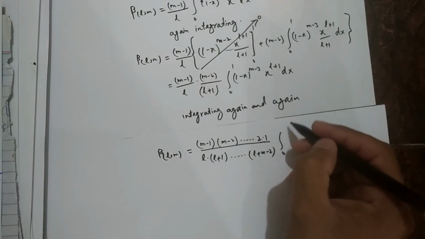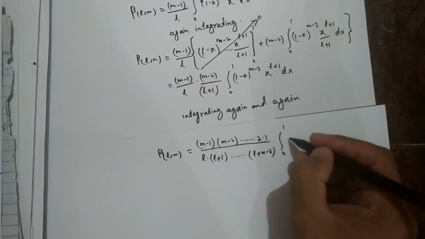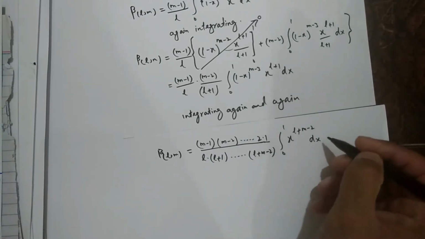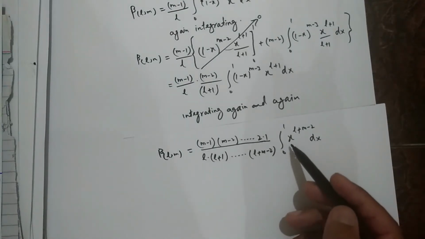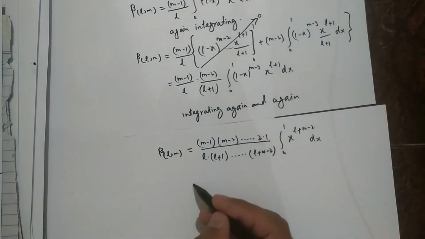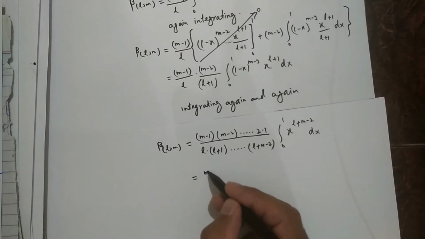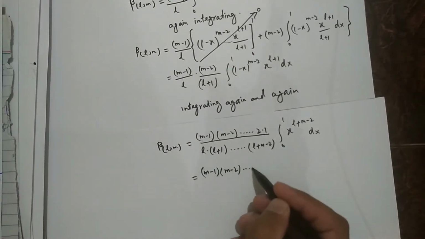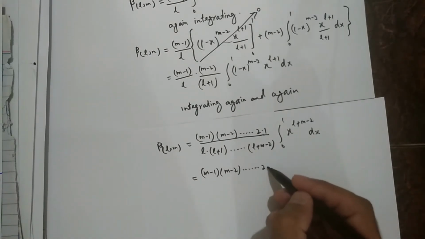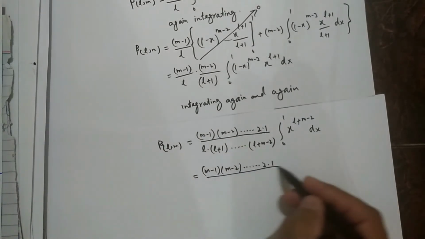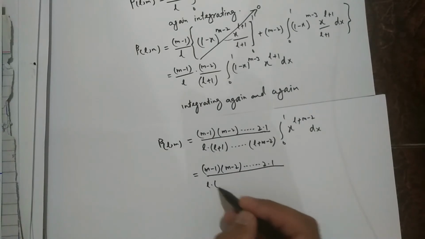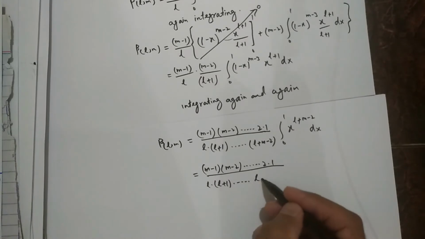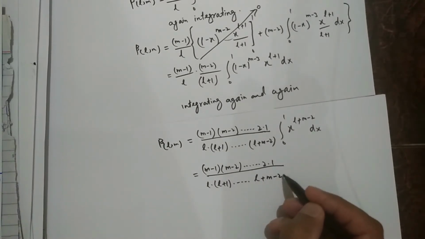and here we will be left with the integral from 0 to 1 of x to the power L plus m minus 2 dx. We are left with the last integral, so this will be m minus 1 times m minus 2, and this process goes on to 1, divided by L into L plus 1, and this goes on to L plus m minus 2.